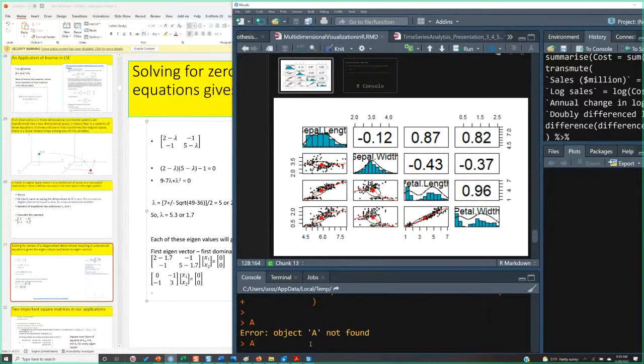Okay, so let's define A is equal to, how do you define a matrix? c of the vector values I give. 2, minus 1, minus 1, 3. Okay. And then by row.